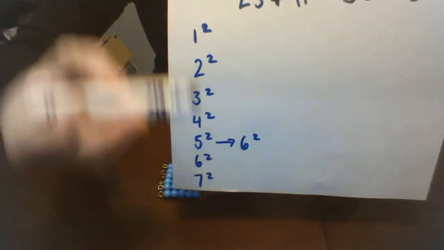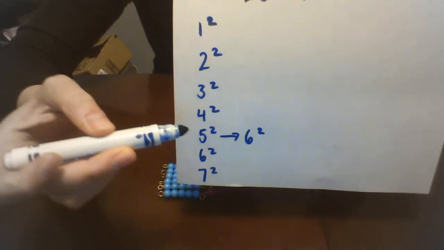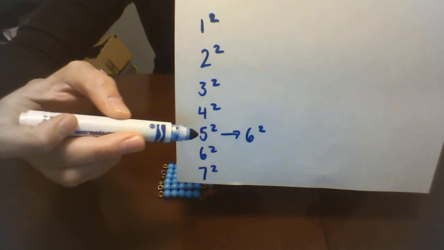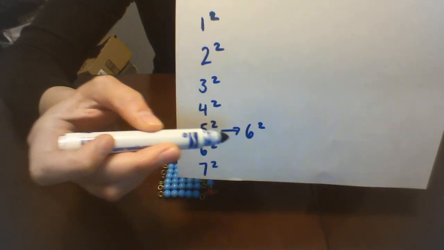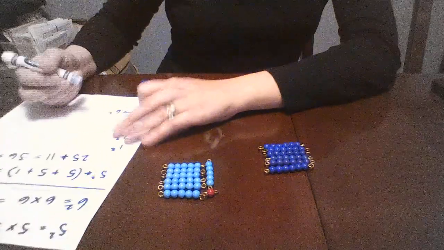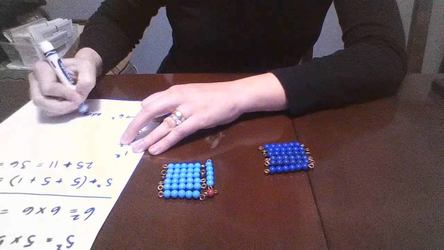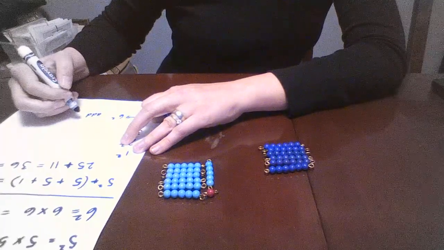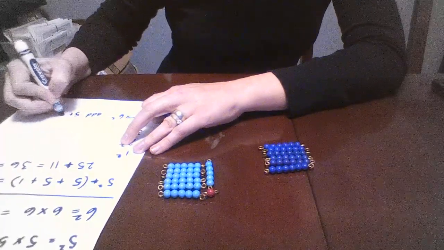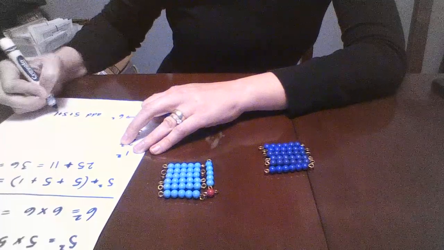Then I'm going to show you with the example of 5 that we just did. 5 squared, and I drew an arrow, turns into 6 squared by adding 5 plus 5 plus 1, which equals 11.